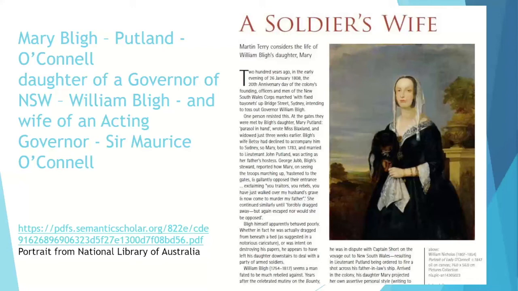And this is a very interesting article available on the web, which talks about how 3 weeks after the death of her husband, John Putland, she met the soldiers marching with fixed bayonets up Bridge Street, intending to toss out her father, Governor William Bligh, exclaiming, "You traitors, you rebels, you have just walked over my husband's grave and come to murder my father." A very interesting woman indeed, who had a very full life.